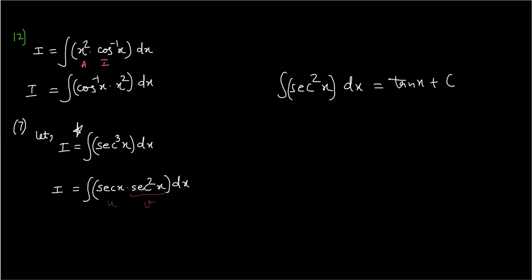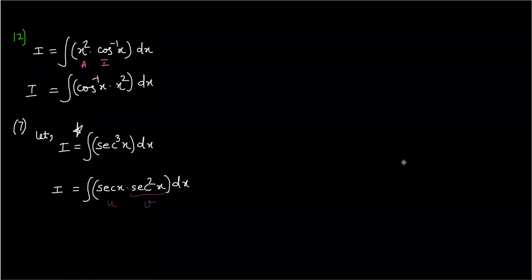And if I write sec x as the second factor, then I'll have to integrate sec x, and integration of sec x dx is log of sec x plus tan x plus c. Definitely integrating sec square x is easier, and that is why I will take sec square x as v and sec x as u. This is how I will do it.